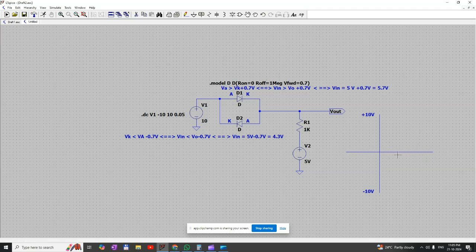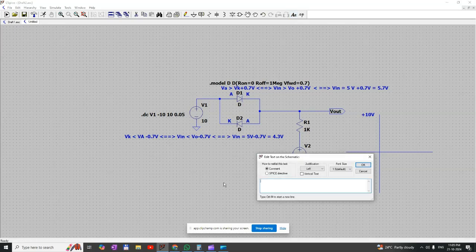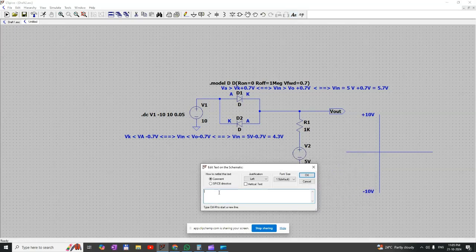Here also, when the diode is... by considering these two equations, when 4.3 volt Vn and 5.7 volt.